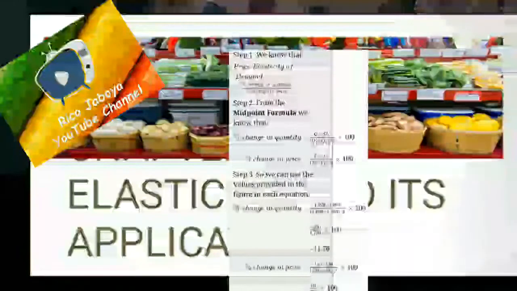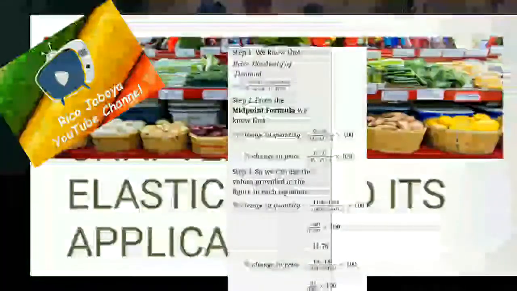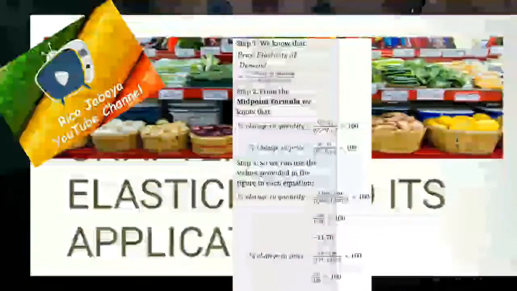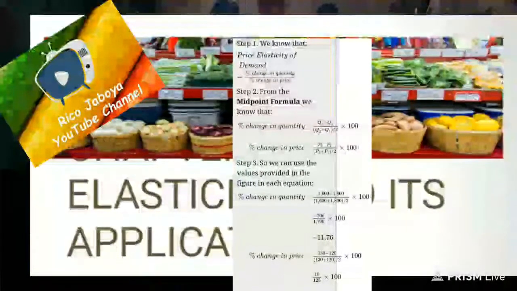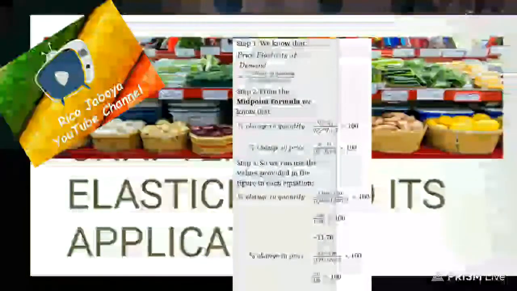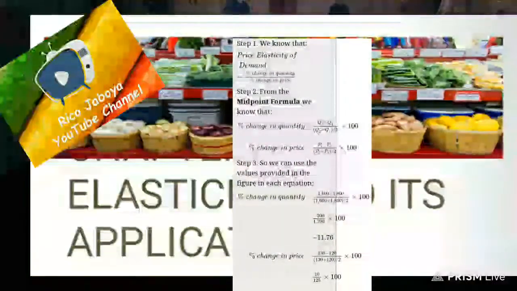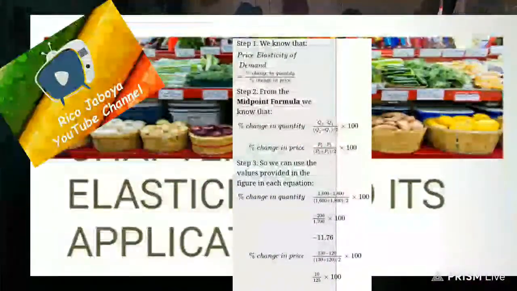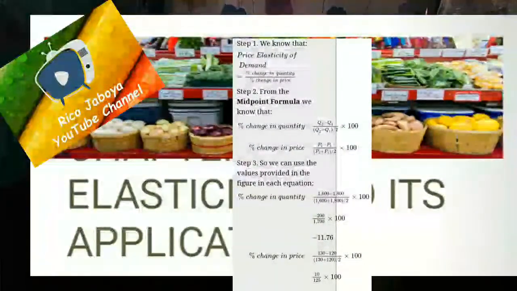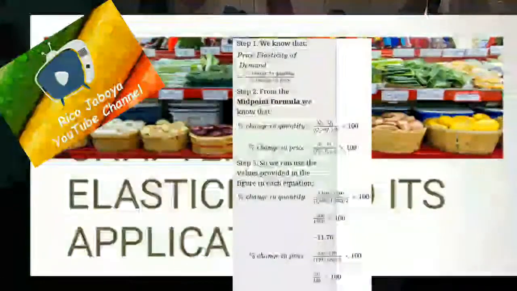Let's try to look at the computation here. Step 1, we know that the price elasticity of demand formula, no, is that we will divide the percentage change in quantity over the percentage change in the price. Step 2, midpoint formula. All right, we're going to use that midpoint formula.